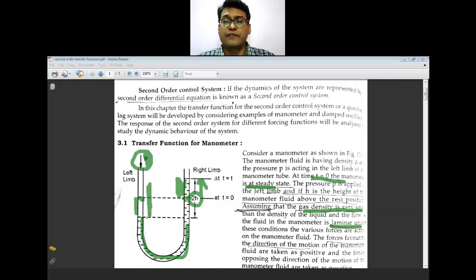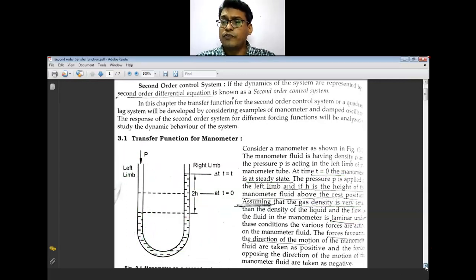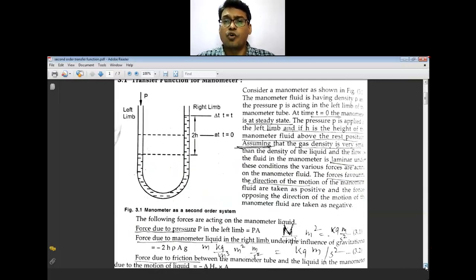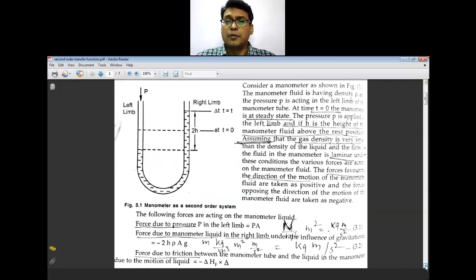The forces favoring the direction of motion are taken as positive, and the forces opposing the fluid motion are taken as negative. So we will take a balance over this manometer.